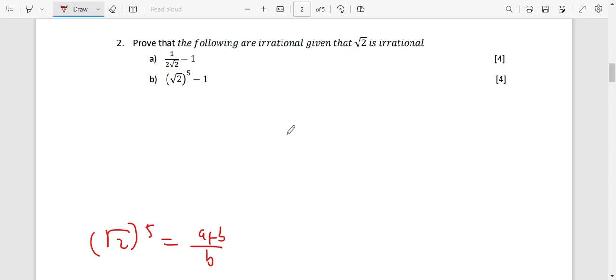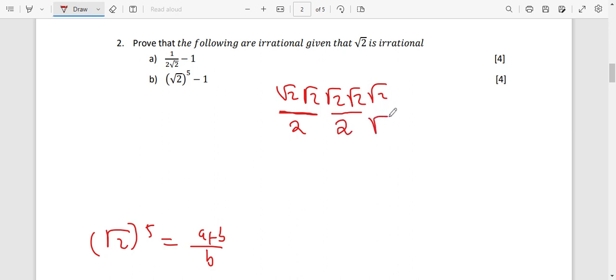Now from here I need to simplify. Square root of 2 to the power 5 means multiply square root of 2 five times, right? So I have square root of 2, square root of 2, square root of 2, square root of 2, and square root of 2. If you get these two, square root of 2 times square root of 2, what's the answer? It's 2. And then the next square root of 2 times square root of 2 is also 2.